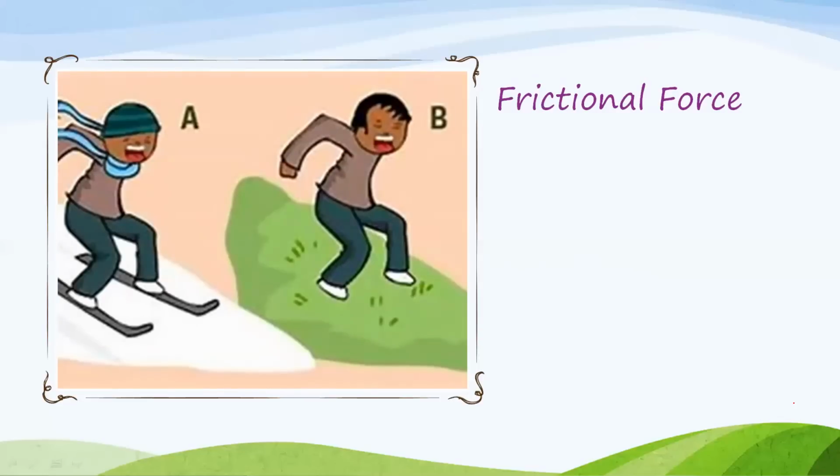The easier event will be case A, because when you compare the two surfaces, one is an icy surface, another is a grassy surface. The icy surface is very smooth, whereas the grassy surface is a little rough. So when you apply a force and start moving on the surface of these two, there will be some invisible force which tries to oppose our motion.